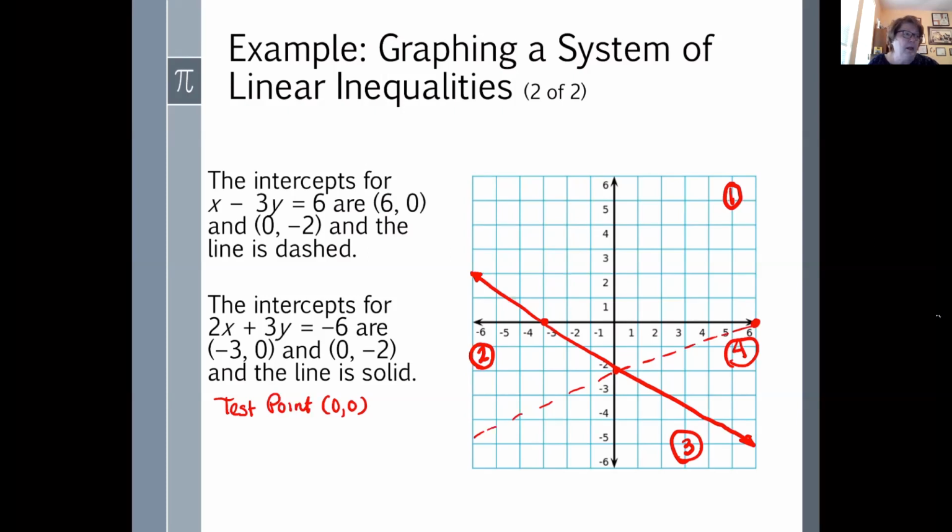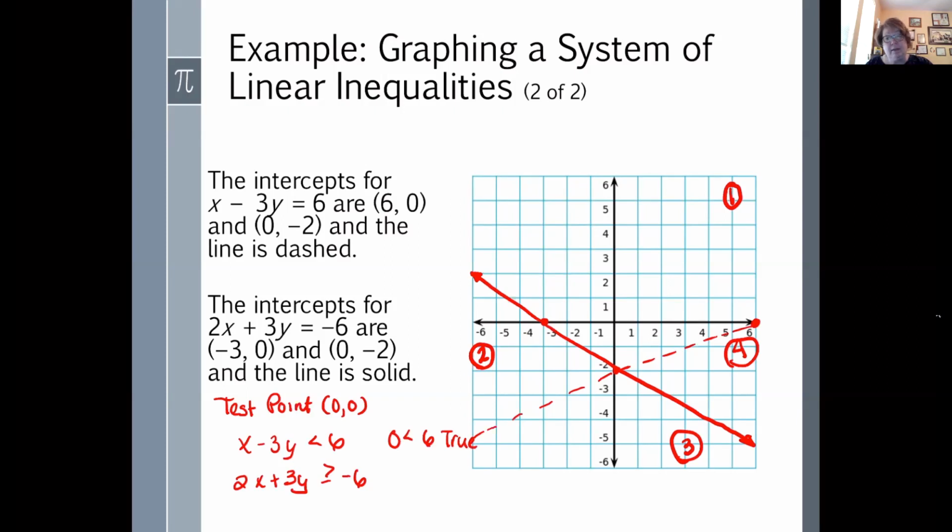Okay, so what was my original system of inequalities? We had 3x minus 3y is less than 6, and 2x plus 3y is greater than or equal to negative 6. And if I replace x and y with 0 in the first inequality, that will be true.